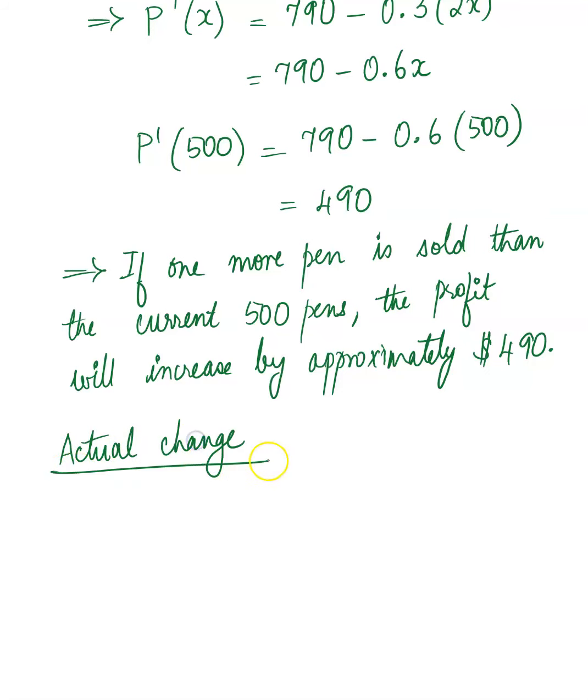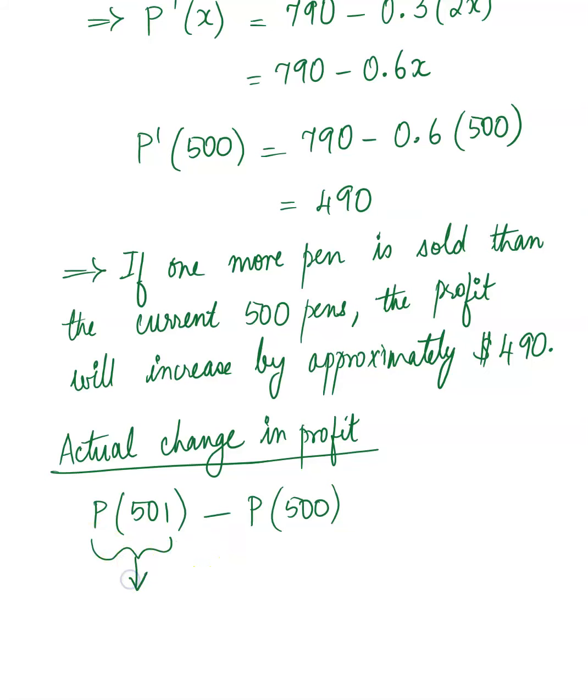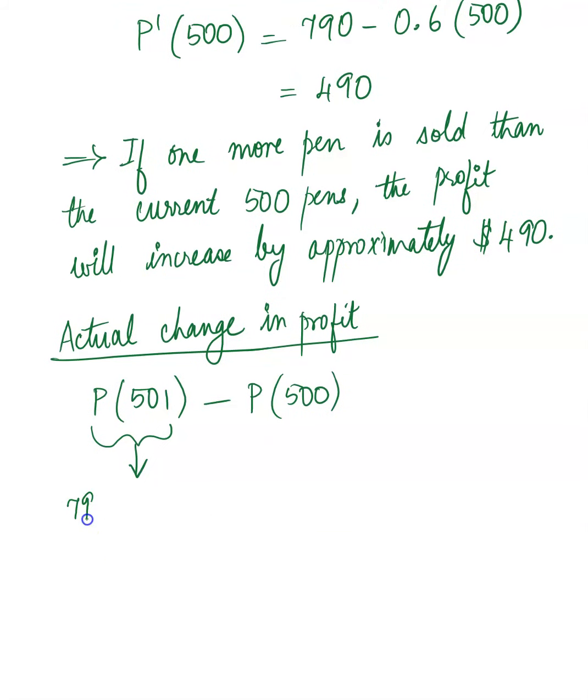So the actual change in profit to get the 501st pen would be the profit function for 501 pens minus the profit for 500 pens. So basically you're taking 790 times 501 minus 0.3 times 501 squared.